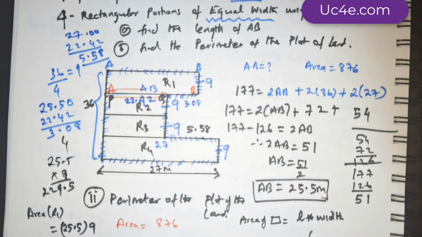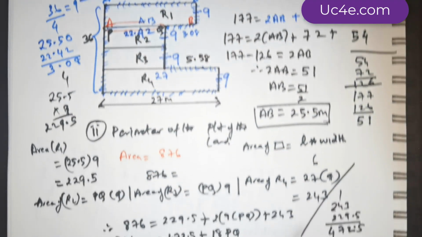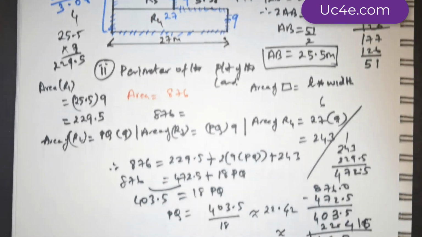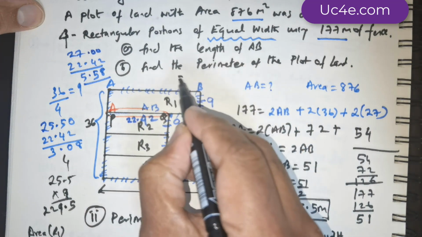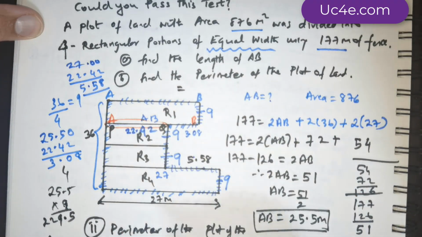Right? So the time has now come to find out the perimeter. So what is this perimeter? I think I can place the answer here so that you can see the figure.